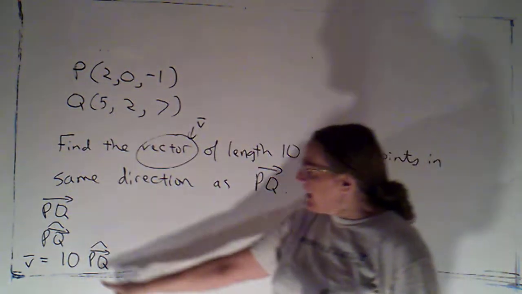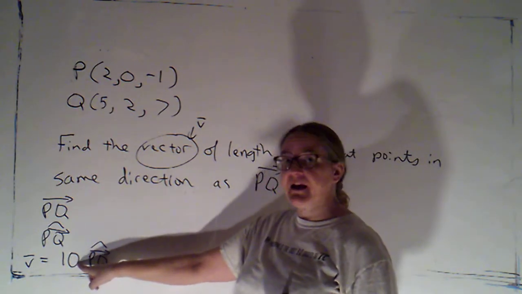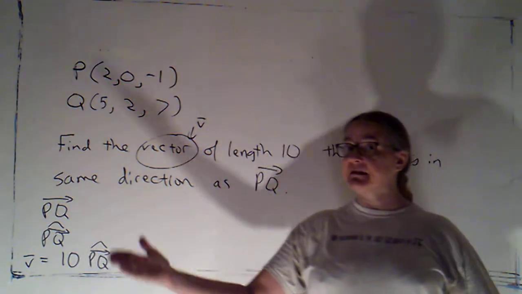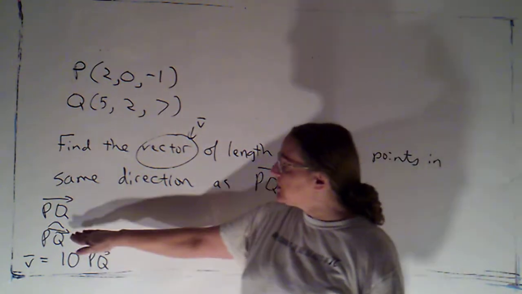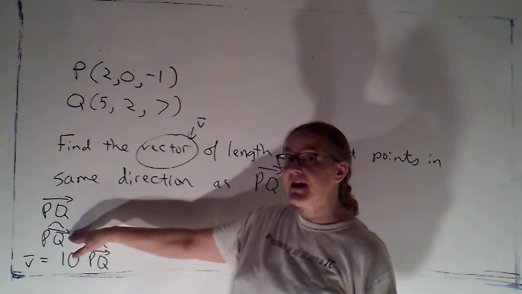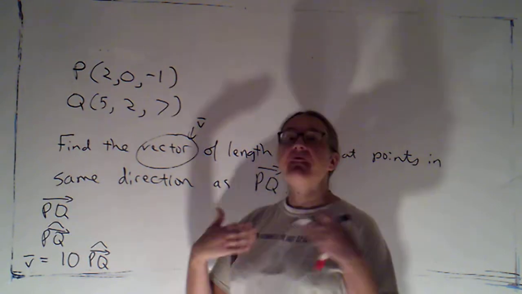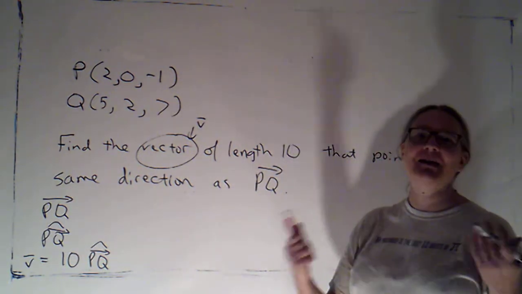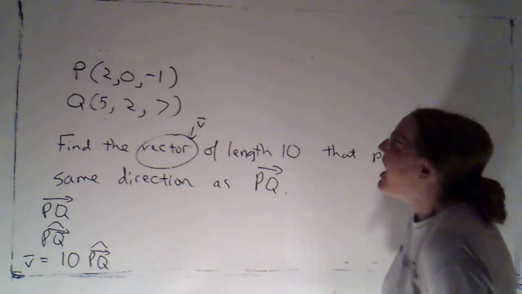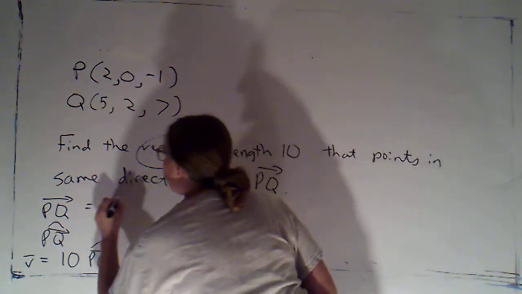So if I scale a vector by a factor of 10, that just makes it 10 times longer than it was to begin with. If I normalize first so that I make the magnitude 1, then I can say, excellent, now when I scale by 10, I make the magnitude 10. All right, so let's calculate this.